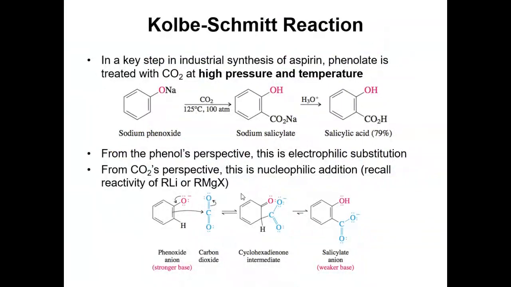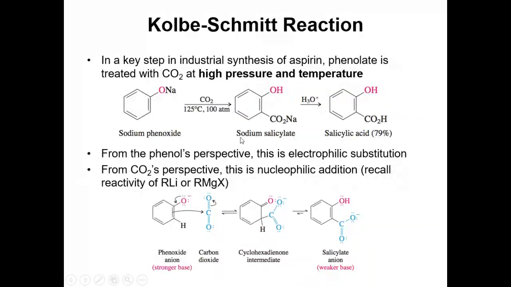In this reaction, sodium phenoxide, the conjugate base of phenol, is treated with carbon dioxide at 125 degrees Celsius and a very high pressure, 100 atmospheres.